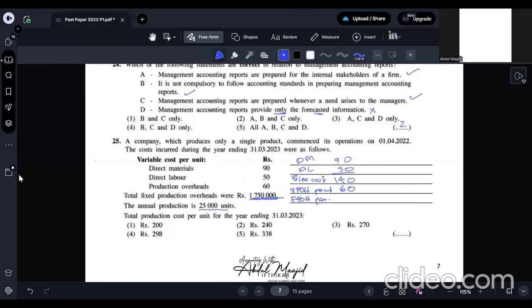For a year, you're producing 25,000 units. Then the average fixed cost per unit will be 1,750,000 divided by 25,000 units, that is 70 rupees. Then production cost per unit will be 140 plus 60 plus 70, that is 270 rupees. Answer number 3.